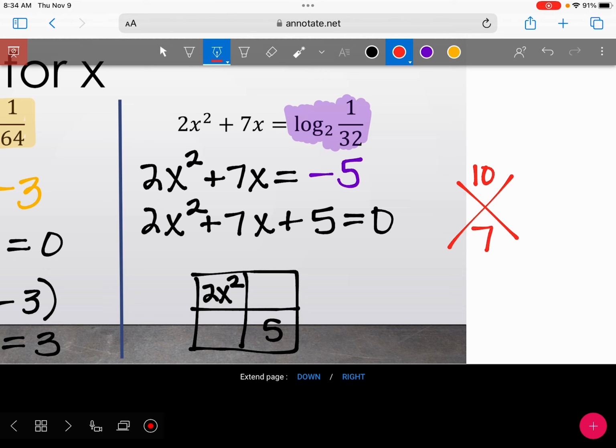So go ahead and find your two numbers that multiply to be 10 and add to 7.